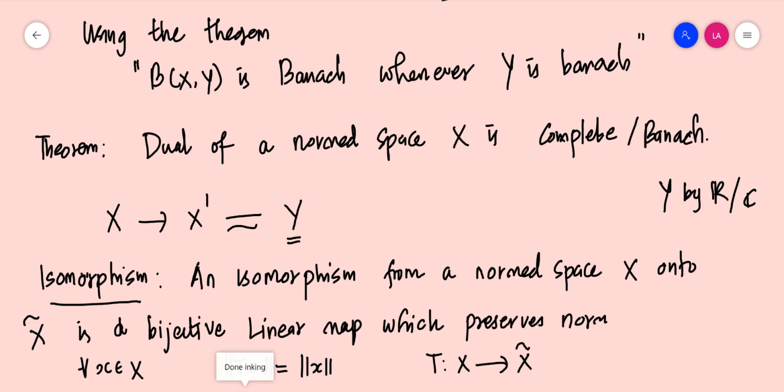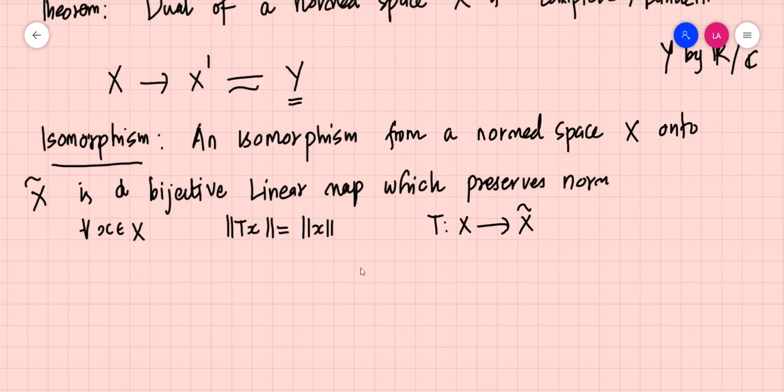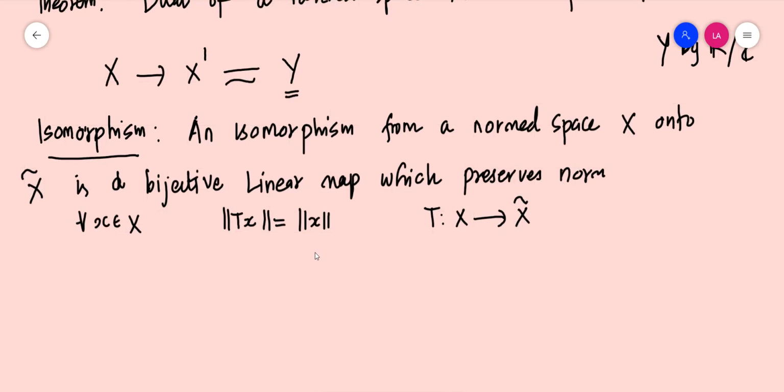So, if between two spaces X and X tilde there exists a bijective linear map which preserves the norm, then we say the two spaces are isomorphic, and the function is called the isomorphism from X to X tilde.